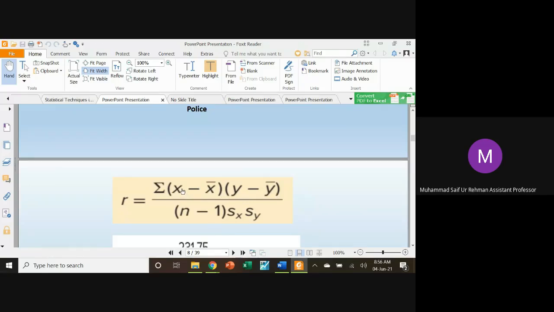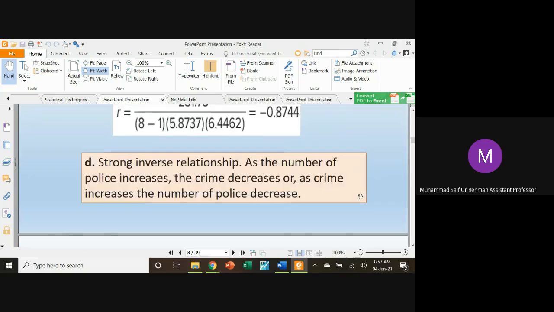So x is basically a series of all those values that are against x, and all those sample values that are available for the y series. So you will substitute values one by one in this, and then you will find out the value finally for the summation when you have the multiple of these two. So that value will become your numerator. I have calculated it in detail.